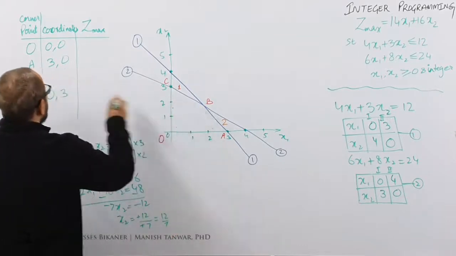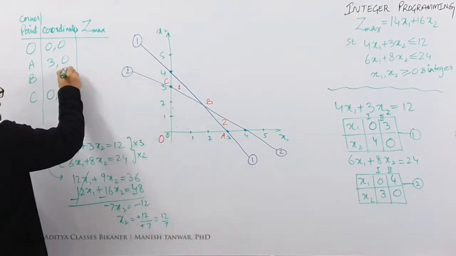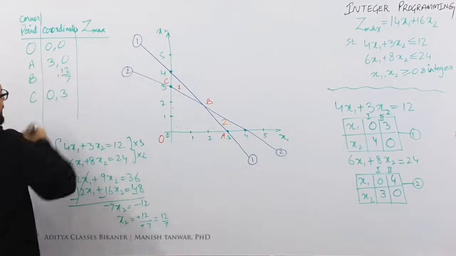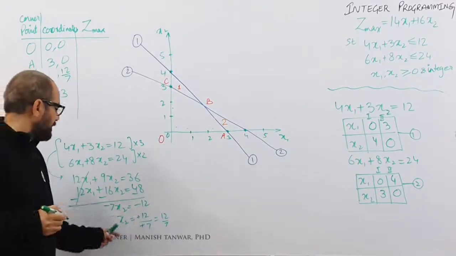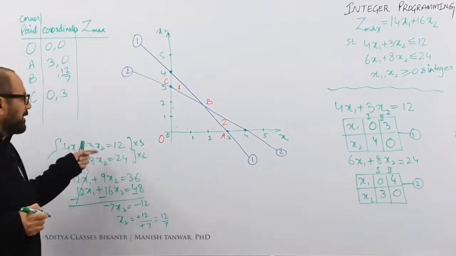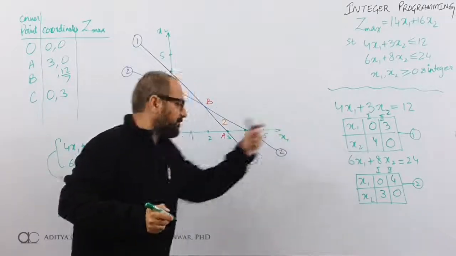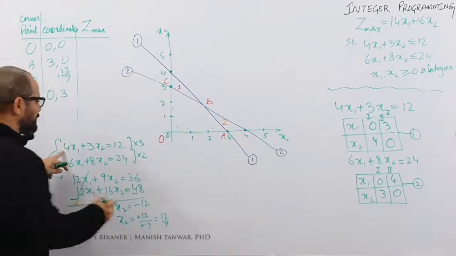So x2 at this point is 12 by 7. Now that I have the value of x2 as 12 by 7, I can substitute in either of these constraints. Let me substitute in the first one.